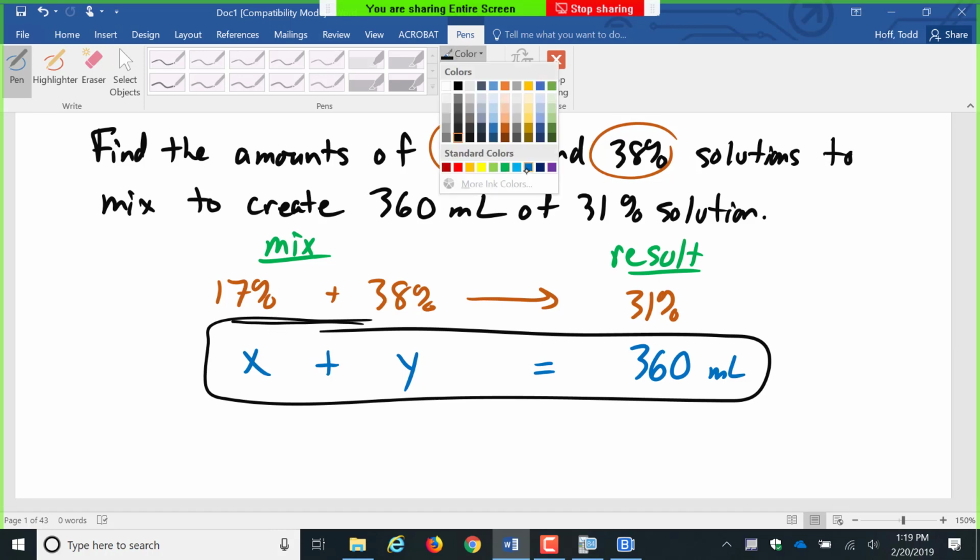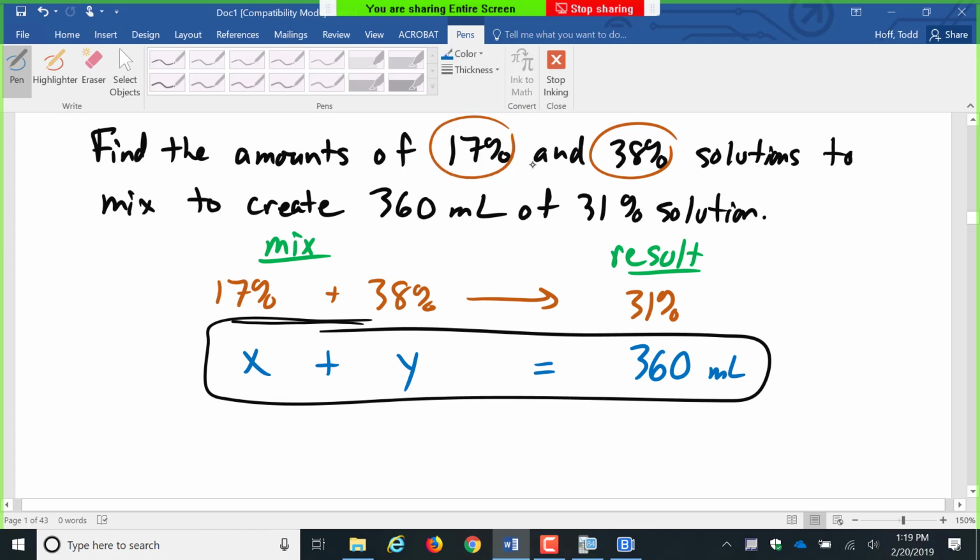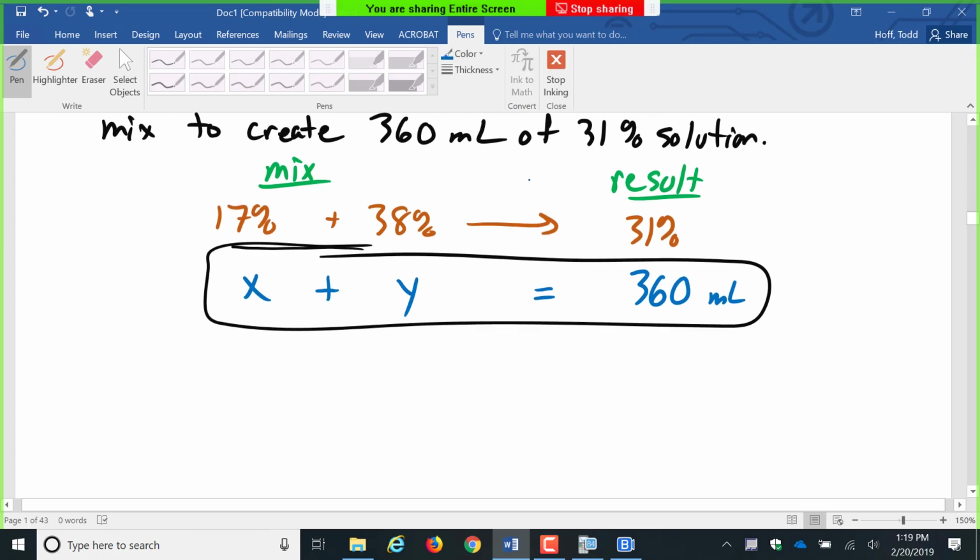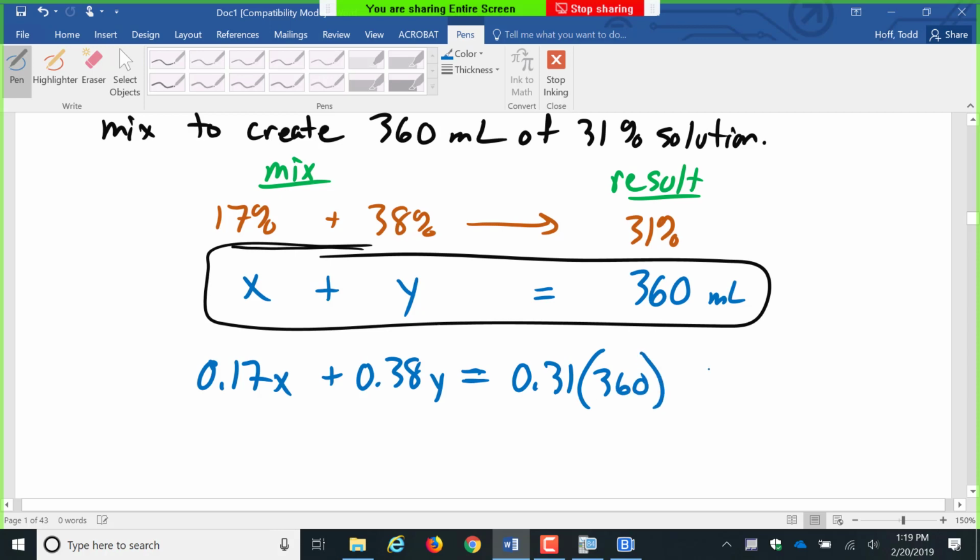Our second equation then comes from the solution concentration equations we did. 17% times x is 0.17x. 38% times y is 0.38y equals 0.31 times 360.